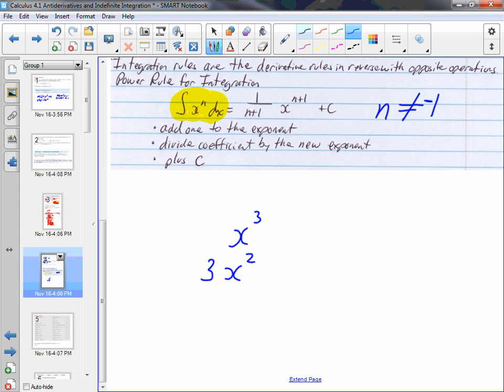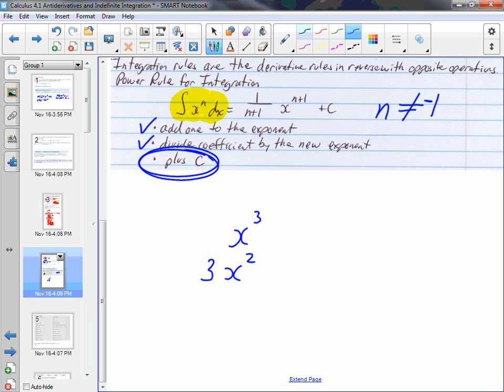So the last thing I did was subtract 1 from the exponent. So when you're doing antiderivatives, the first thing you do is add 1 to the exponent. The very first thing I did was multiply the original exponent times the coefficient. So the very last thing I do is divide the coefficient by the new exponent. Opposite order, opposite operation.